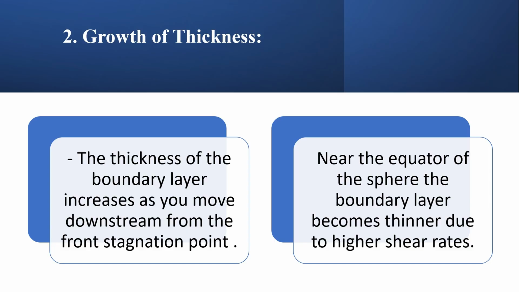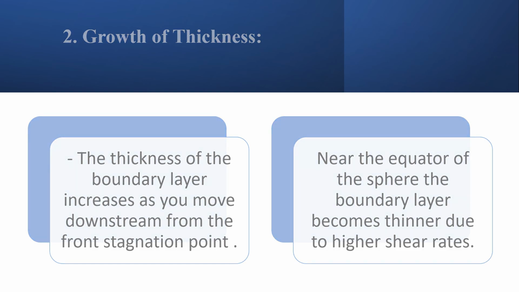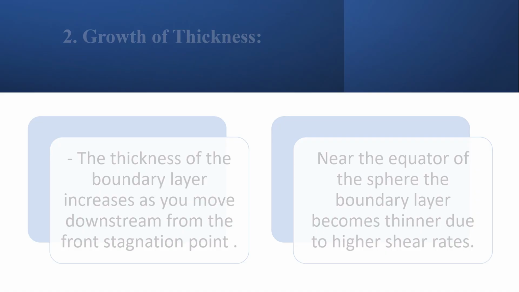As the fluid moves over the surface of the sphere, the boundary layer grows in thickness. It starts at the front stagnation point, the very first point where the fluid makes contact with the sphere. From there, it begins to grow as the fluid flows downstream.